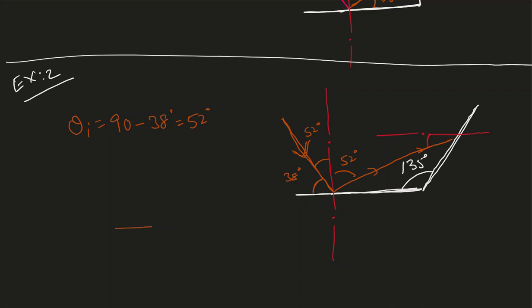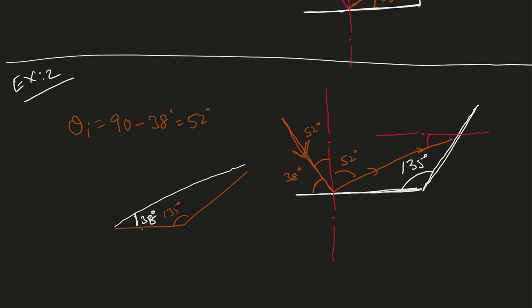We have 135 degrees between the mirrors, which is the angle given, and the light ray makes an angle of 38 degrees with the second mirror's normal.